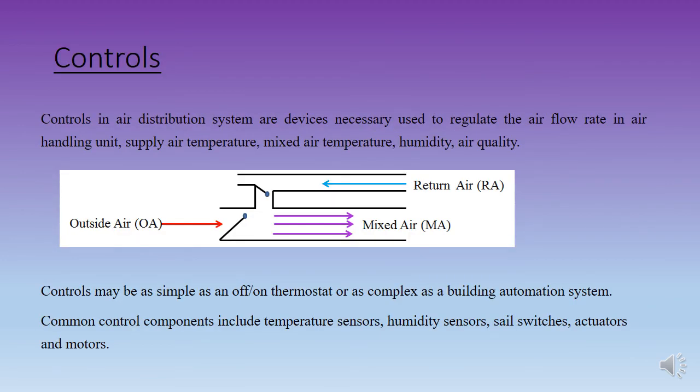Alright, before we proceed to control, I want you to bear in mind there are several rules that you have to remember. There are three rules in air distribution system design that you have to always remember. The first rule is there is no odd number for duct size.